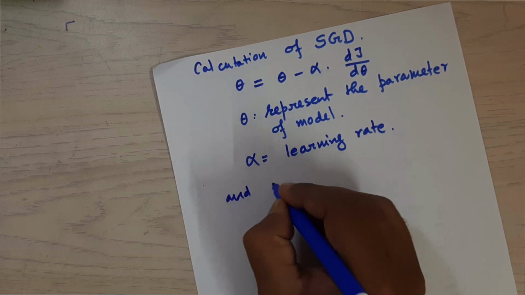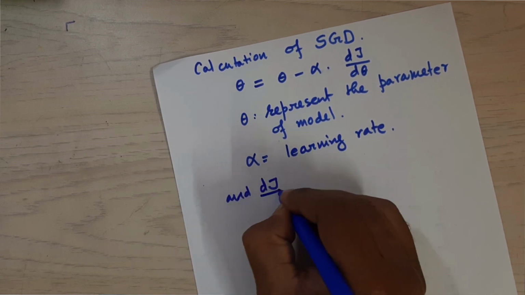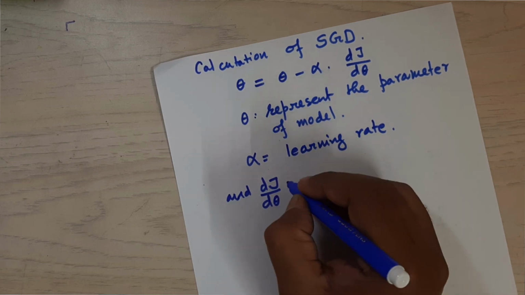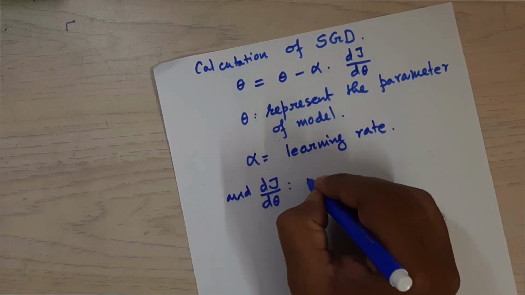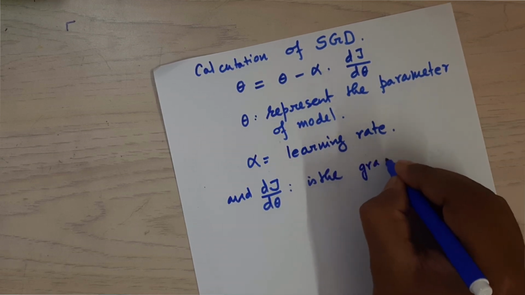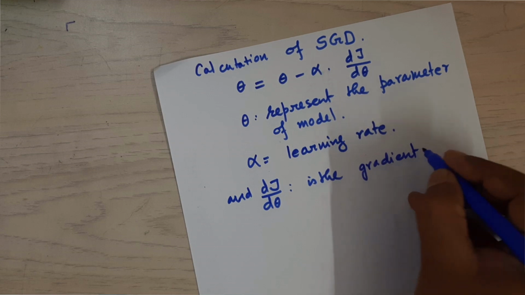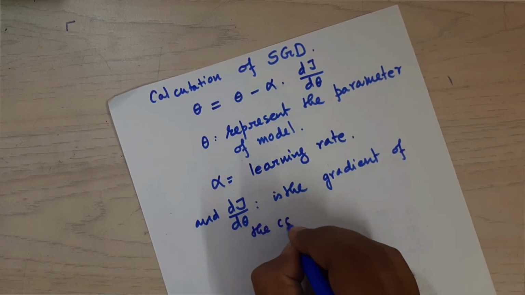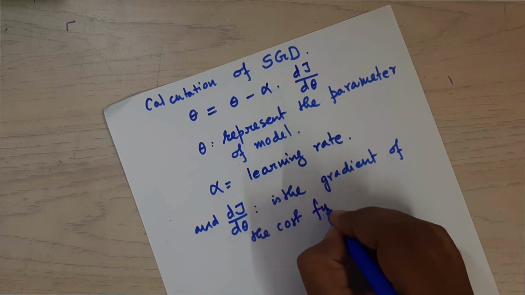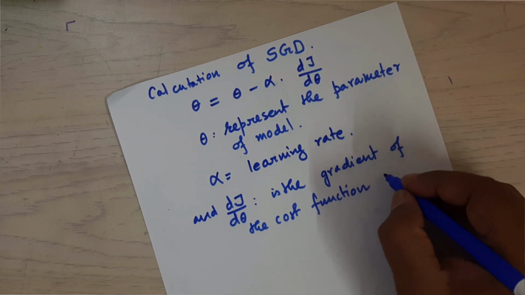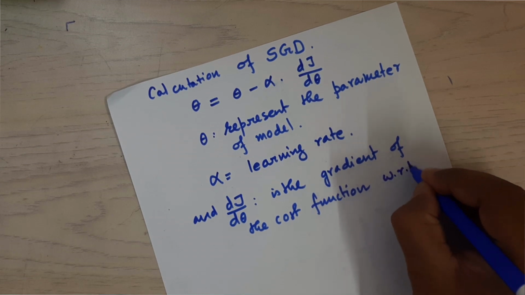And the derivative of the cost function with respect to theta is the gradient of the cost function with respect to theta.